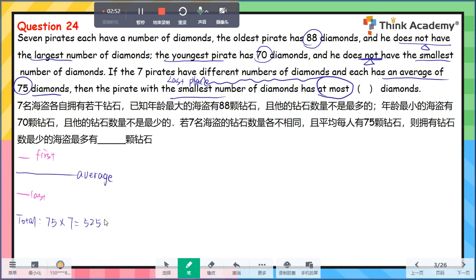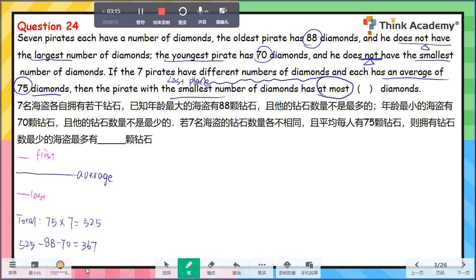Second, because we already know how many diamonds the oldest and the youngest pirates have, we just need to take them away directly: 525 minus 88 minus 70. Please calculate on a sheet of paper and tell me what that is. Great, it should be 367.